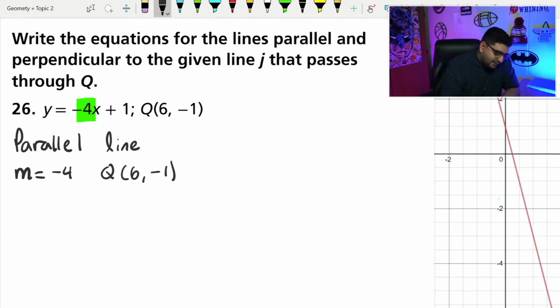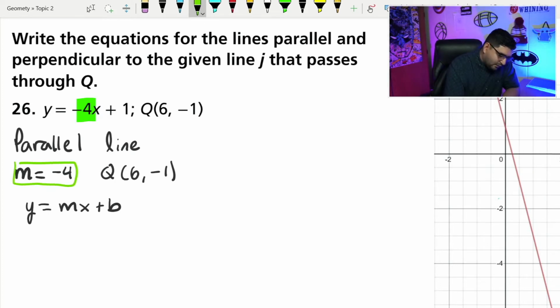So we take this information and plug it into the slope-intercept form. It's going to help us find this b. Here I have m. M in this case is negative 4. My x value would be 6, and my y value would be negative 1.